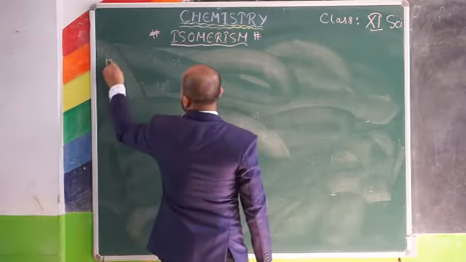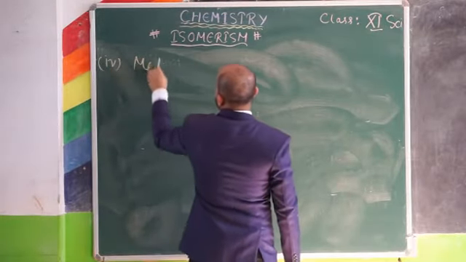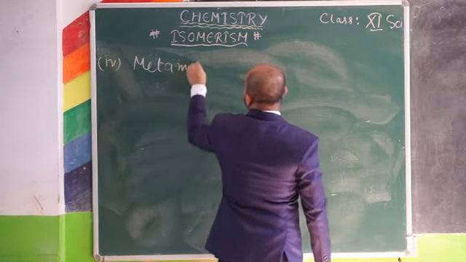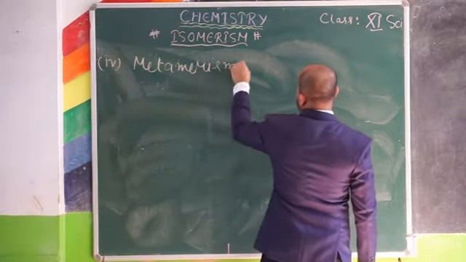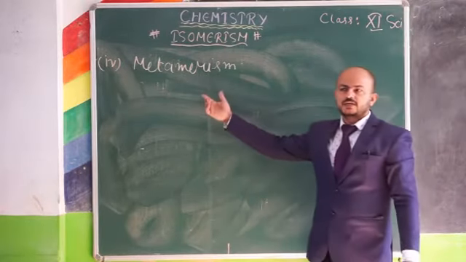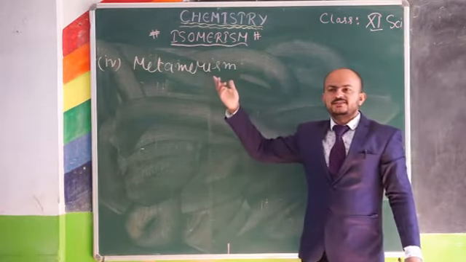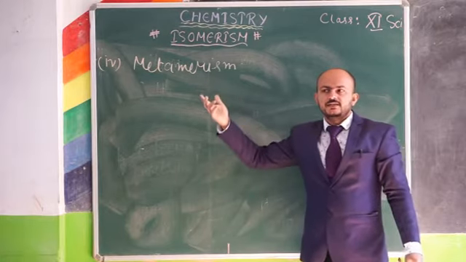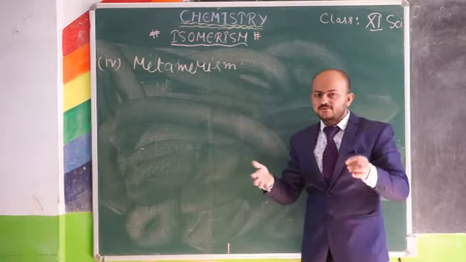Metamerism. What is metamerism? In such type of isomerism, what we see is that, like in ether, we have two sides.